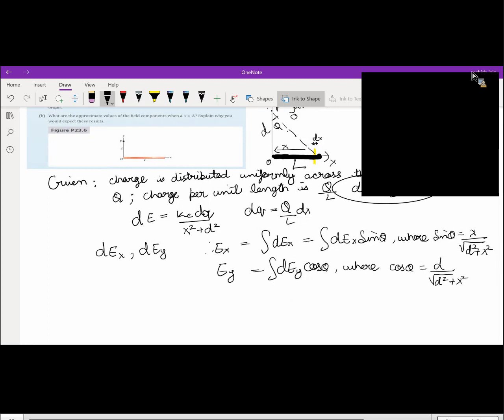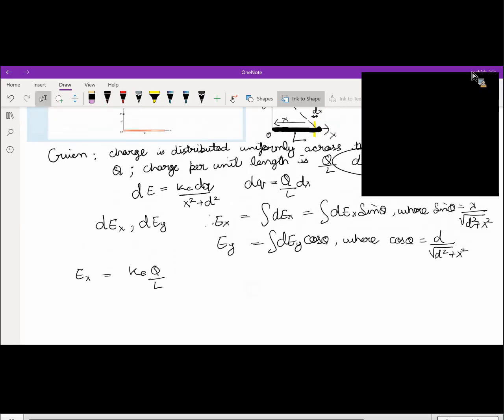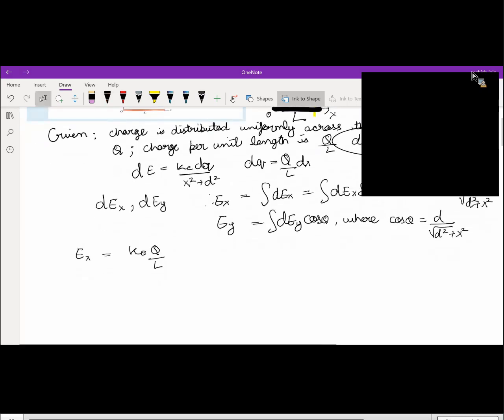So it's as simple as that. Now you substitute the values here. So what you get for Ex, you have little integrals. I hope you're familiar with integrals. I'm just substituting the values here.